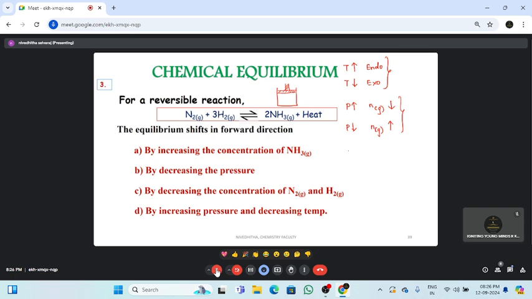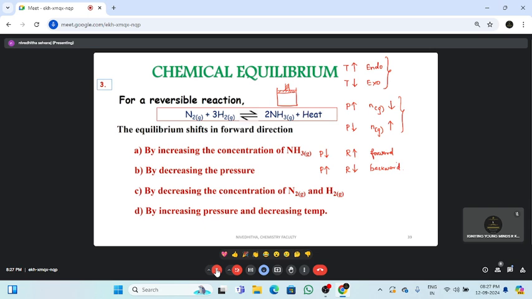If you increase the concentration of the reactant, the reaction will move towards the forward direction. Or I can decrease the concentration of the product, and the reaction shifts towards the forward direction. If I increase the concentration of the product or decrease the concentration of the reactant, the reaction will move towards the reverse, backward direction.